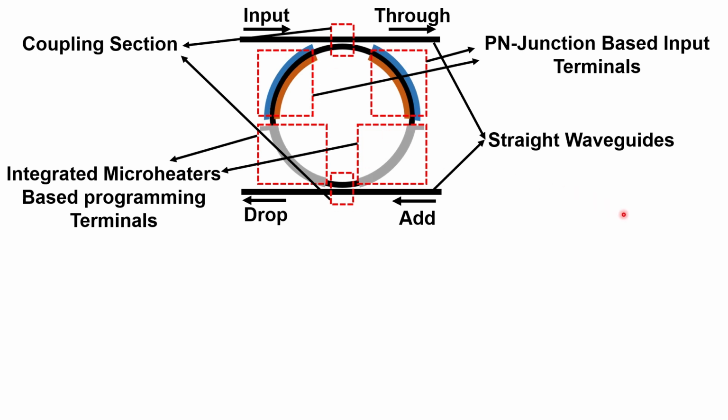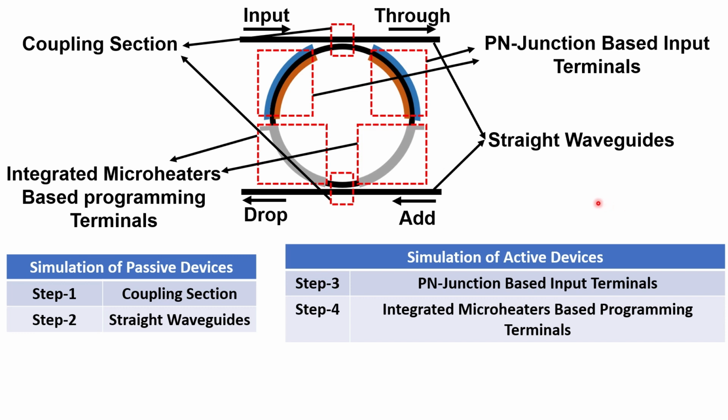Now, before we jump into any simulations, firstly we have to classify which primitive elements are passive and which are active. As you can see here, the straight waveguides coupled to this microring are passive. These straight waveguides can be characterized using the finite difference eigenmode solver in the Ansys Lumerical suite, from which the effective index, group index, and dispersion for the waveguides as functions of wavelength are extracted.